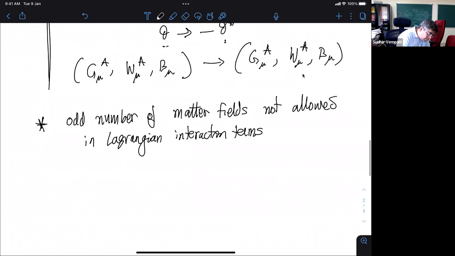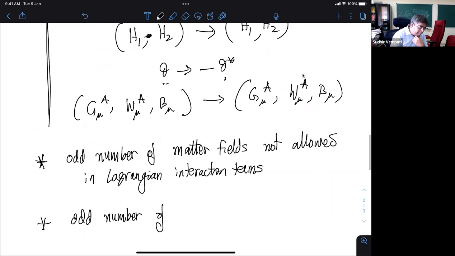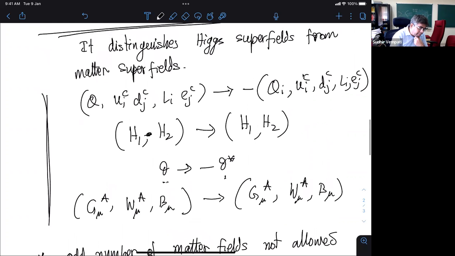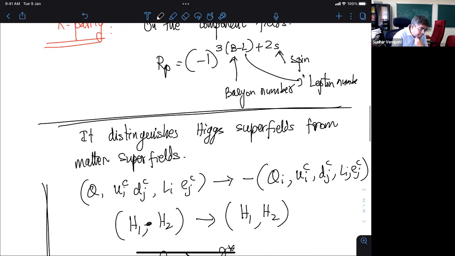Also, every vertex has an odd number... or in other words, let's look at the interaction one.